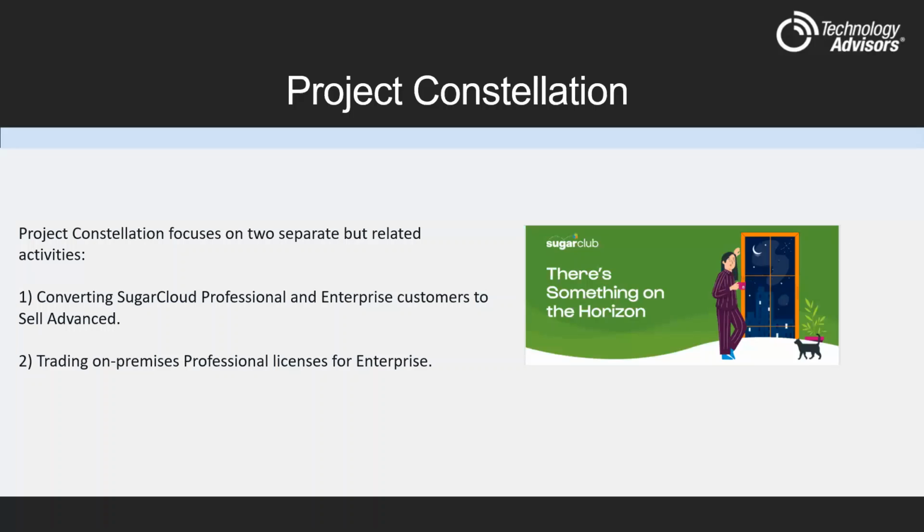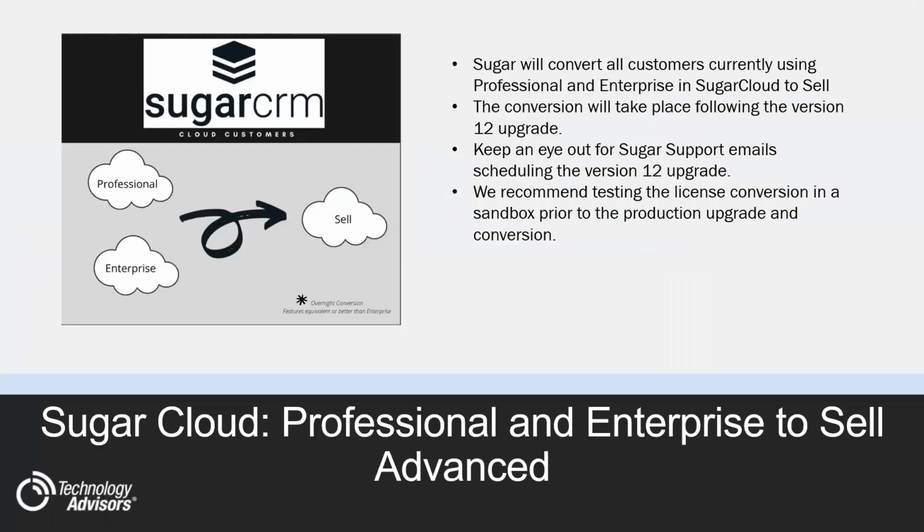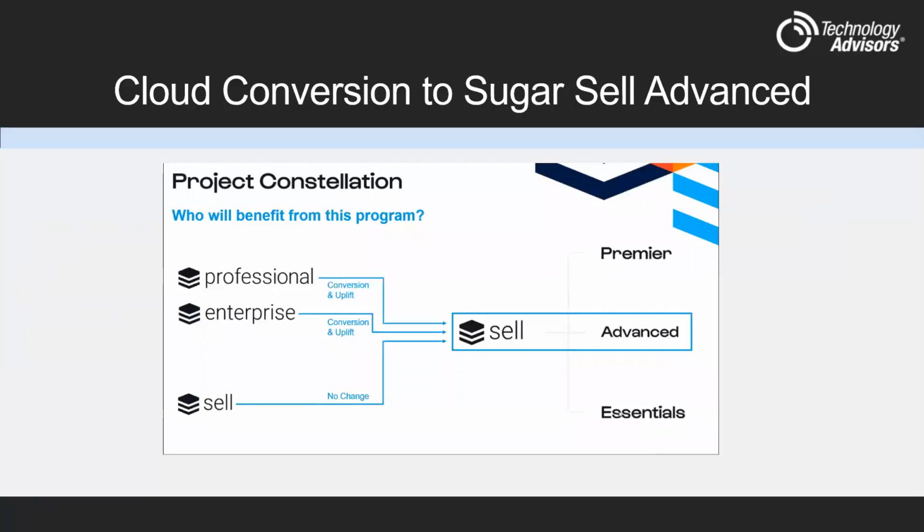So let's talk about cloud. Customers who are in the cloud on Professional and Enterprise, following the version 12 upgrade, are going to be converted over to Sell Advanced. Existing Sell customers, there's going to be no change to the licensing.